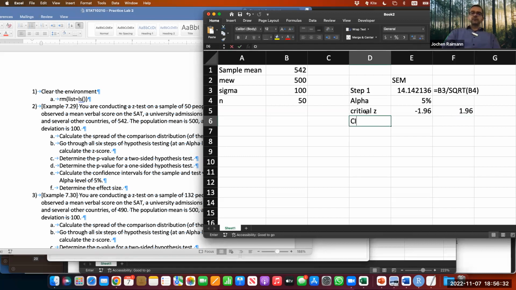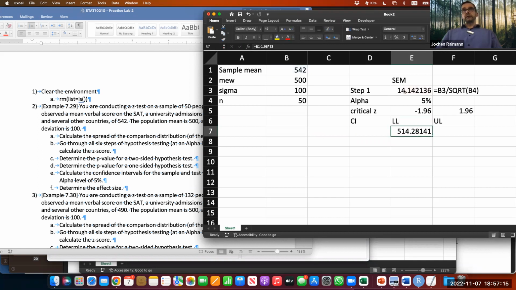Now we want to calculate the confidence interval. The confidence interval is demarcated by our negative 1.96 z-score and our positive 1.96 z-score. This can be done by calculating the sample mean, not the mu, with LL and UL for lower limit and upper limit. The lower limit is the sample mean minus 1.96 multiplied by our standard error of the mean.